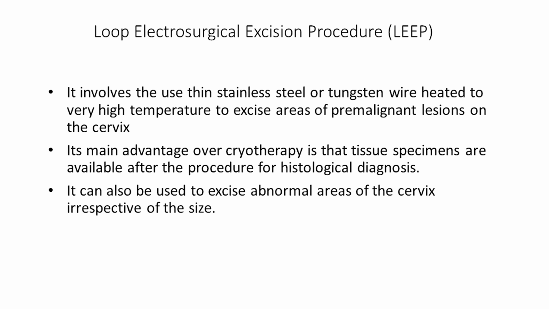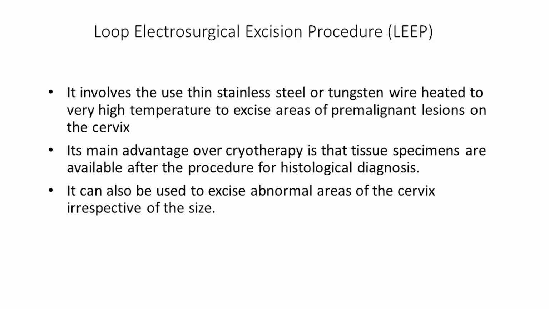It involves the use of a thin stainless steel or tungsten wire heated to high temperature to excise the area of the transformation zone. The main advantage is that the tissue specimens are available after the procedure for histopathological examination. It can also be used to remove a large area of the cervix, irrespective of the size.